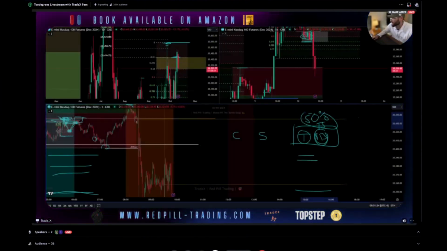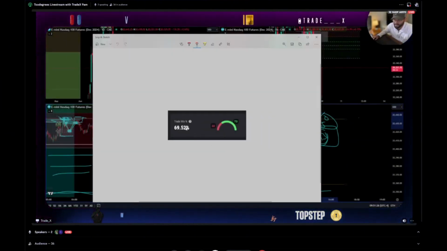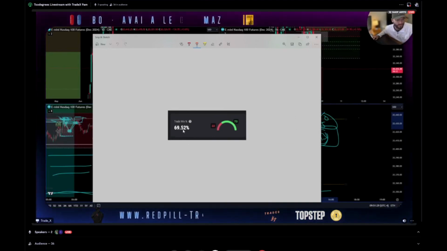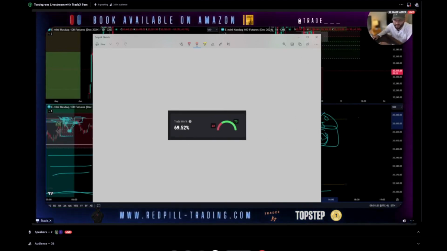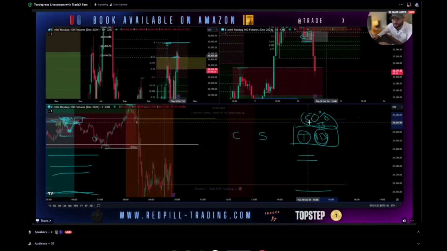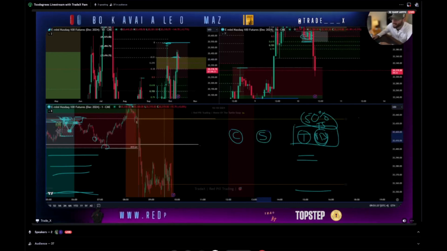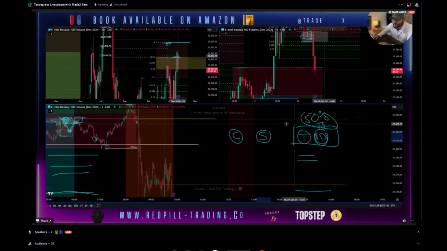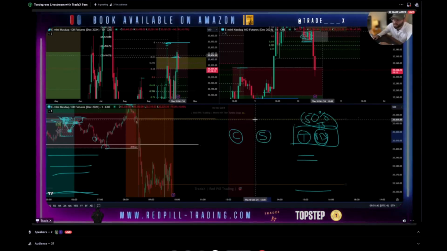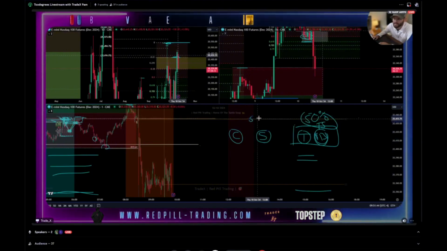And just to give you guys an indication, my consistency is 69.52 on my fundeds, right? That's my accuracy. So if you understand how to read context and schematics, it shifts you from being in this 50% bracket into a 60 to 70% bracket.